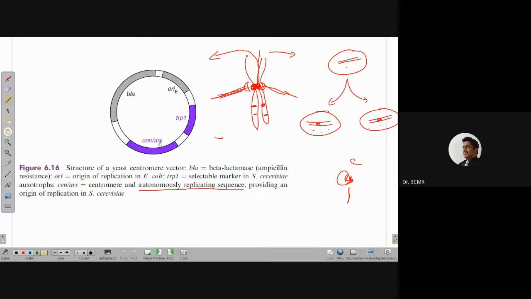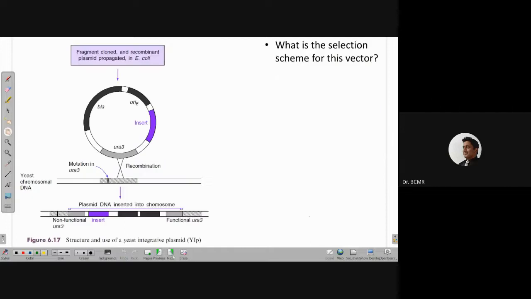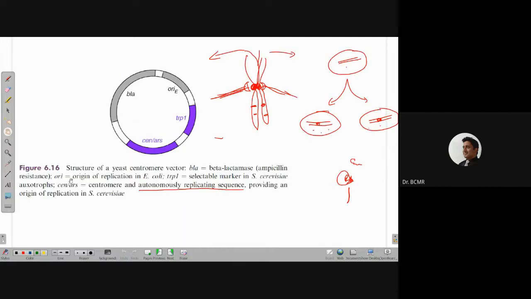So if we want this to be completely synchronized, because the copy number should also be maintained, we want the yeast vector to be replicated along with the genome, then we should add an autonomously replicating sequence. Thereby, the daughter cells will get one copy each. So when you're reading, please look at the legend, and everything is here. And I'm trying to explain more of those things.